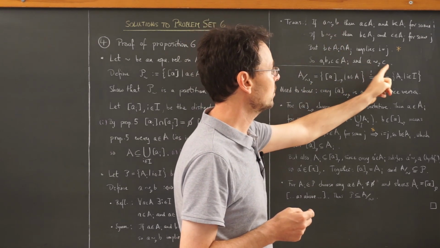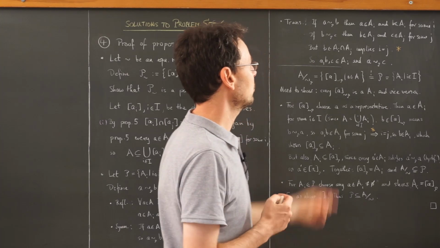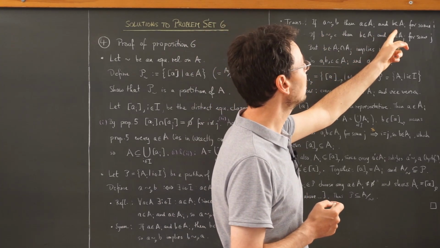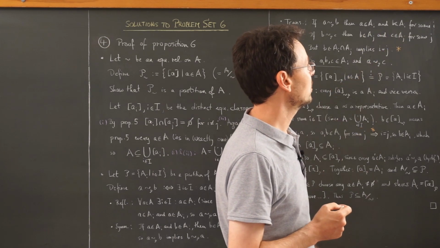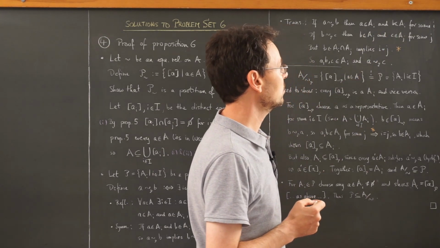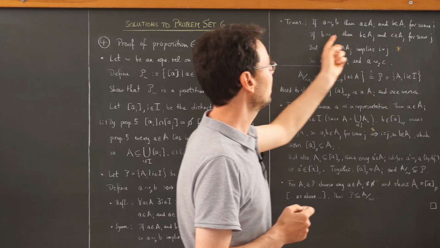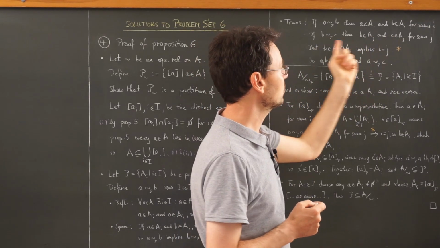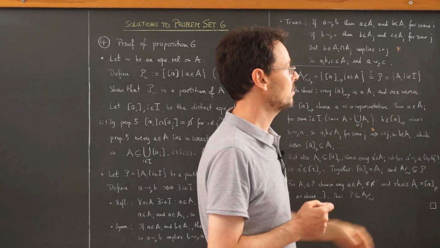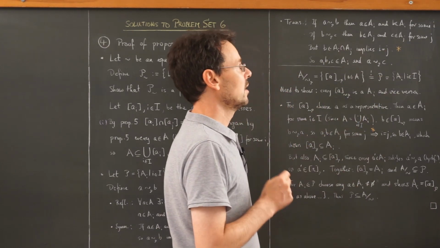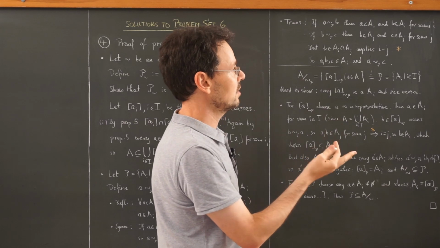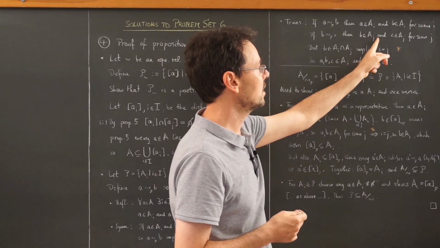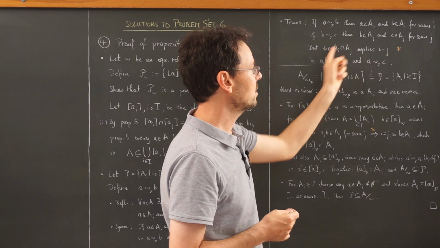Then we have to show that a is in relation to c. So by definition, this means both a and b lie in some set A_i of this partition for some index i. Same here. b lies in A_j and also c lies in A_j for some maybe other index j. But they can't be different, these indices, because b lies in A_i and b lies in A_j, so b lies in the intersection.